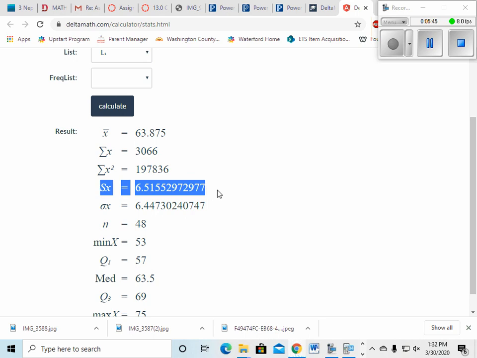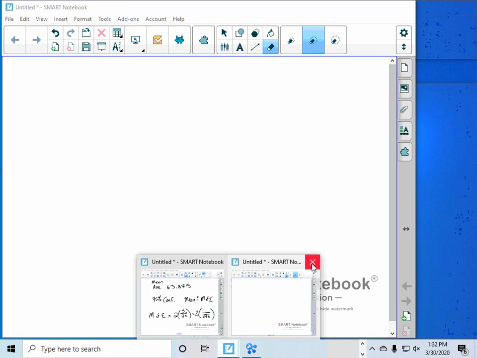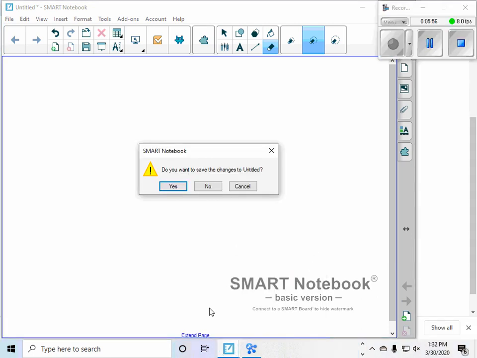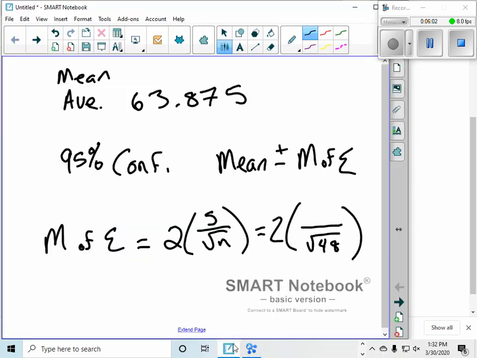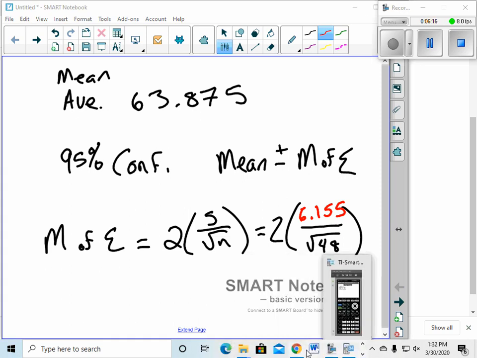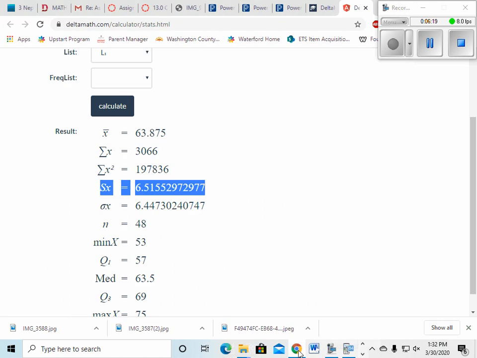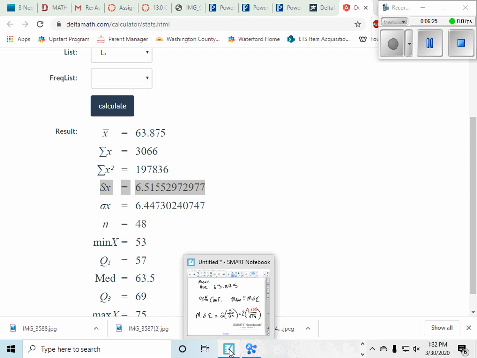So 6.5155. Even though it says to round to the nearest tenth, I'm going to keep more decimals right now, 6.515529, because it's my final answer and I want the correct accuracy.